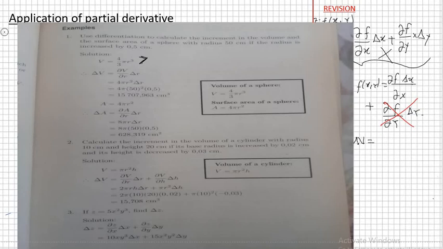To determine the change in v, the change in v will be equal to the partial derivative of the volume with respect to r multiplied by the change in r. You don't have the second term because we only have a one variable function, so the function only includes one variable. If we add many variables, for instance 2 or 3, we can add other terms.